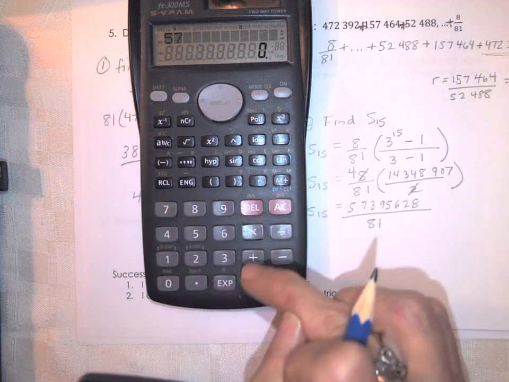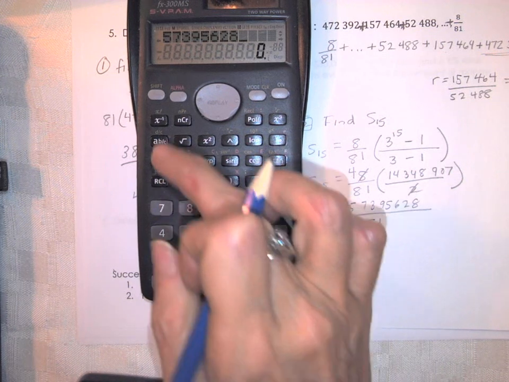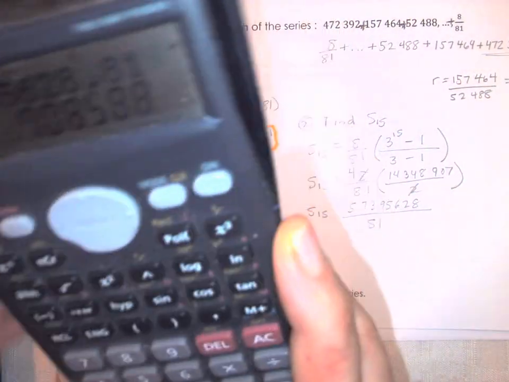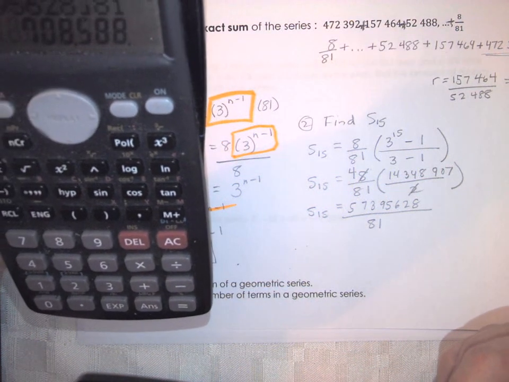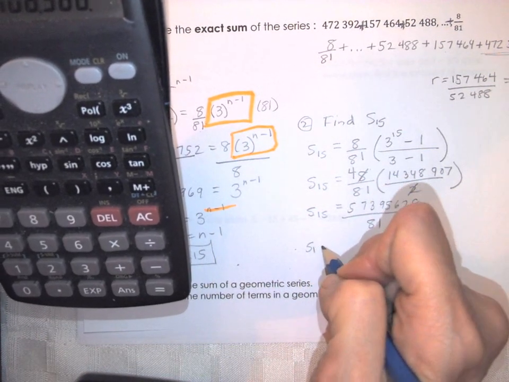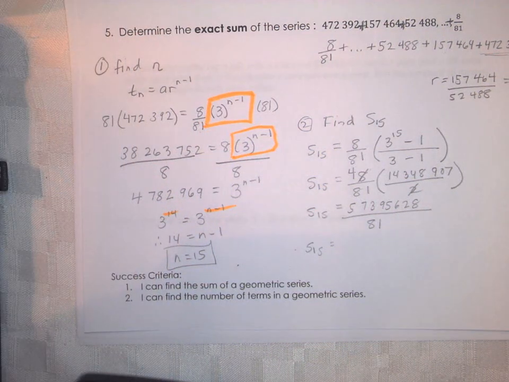So 57,395,628 over 81 equals... goes in evenly, which... So let me think about that for a second.